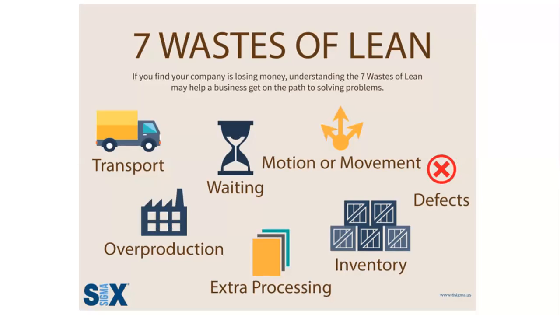So this method, this tool of the seven deadly wastes, helps any manager identify problems in the organization that do need to be solved, and if they are solved, the organization shifts to becoming more lean, and the leaner an organization is, the better it is, right?